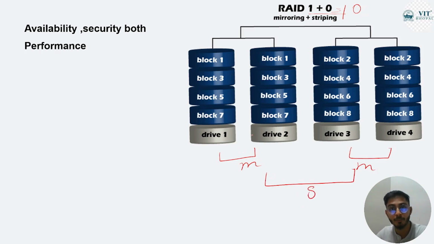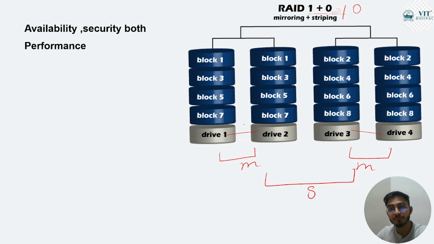Mirroring means that in each drive, we are storing a copy of the same data into another drive. But if we compare 1 and 2 and 3 and 4, data is divided. So this is called striping.